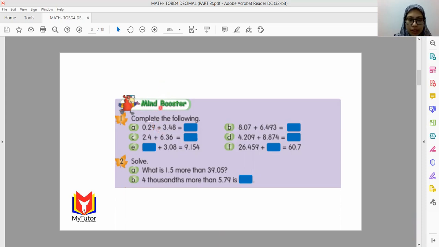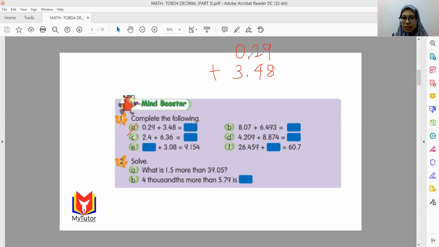So with decimals, let's do 1A first. Everybody focus on 1A. Here, complete the following. We have 0.29 plus 3.48. This is how you add decimal numbers.